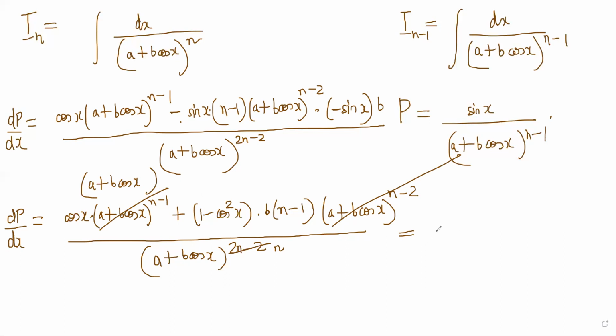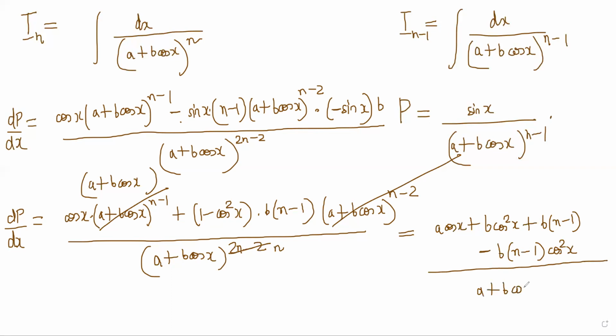So I'll get a cos x plus b cos square x, and this goes away. So you have plus b into (n minus 1) minus b into (n minus 1) cos square x, right? Divided by (a plus b cos x) power n, right? So minus bn, you will get eventually something like this.